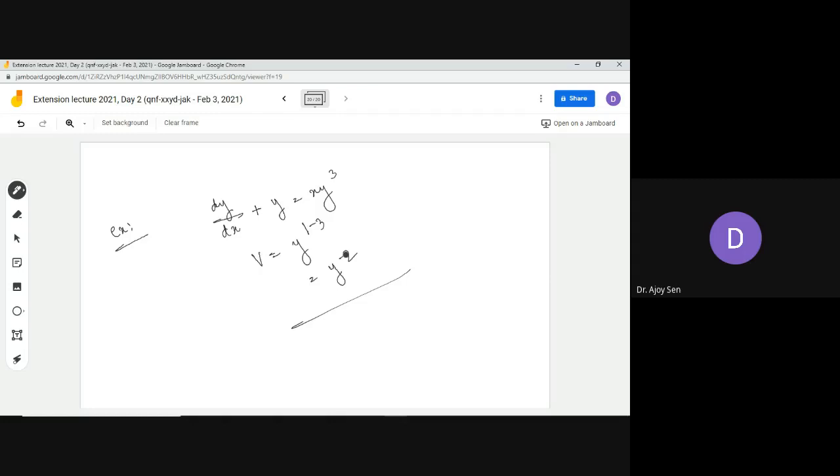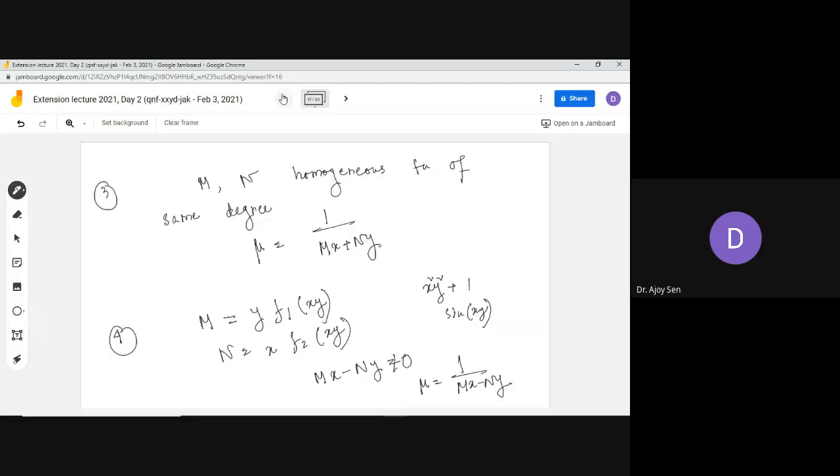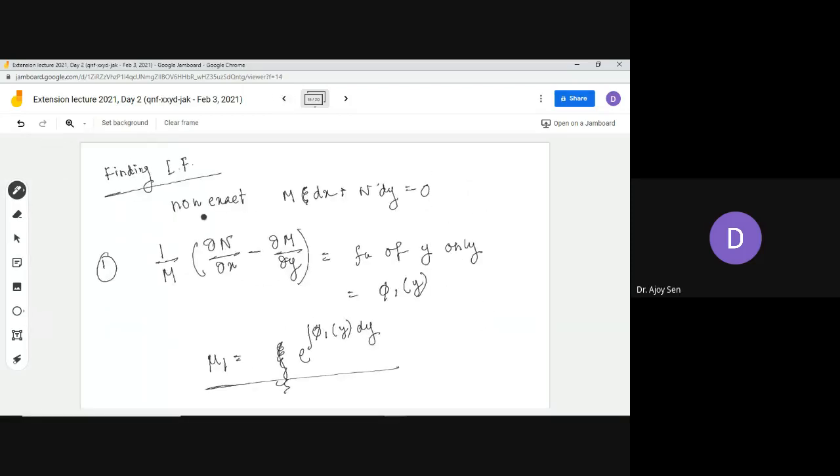So I think up to this will be enough for an initial lecture or introduction on ordinary differential equations, or exactly what an integrating factor is and how to find the integrating factor from a given equation, or also some special forms of the integrating factor. I have mentioned 4 different ways of finding the integrating factor of M dx plus N dy equals 0.